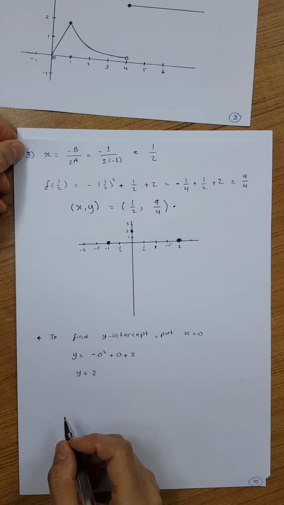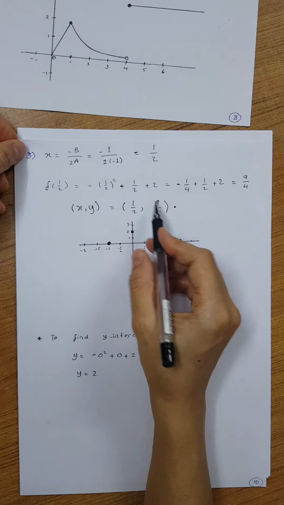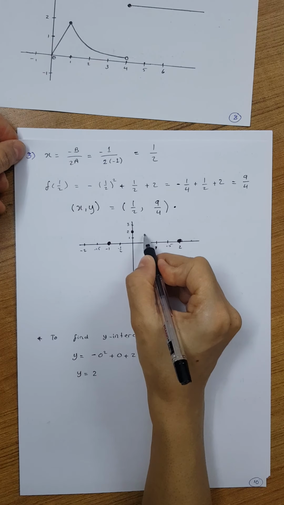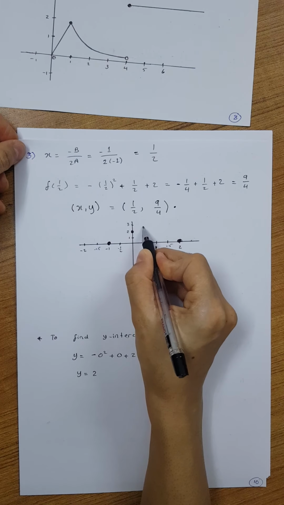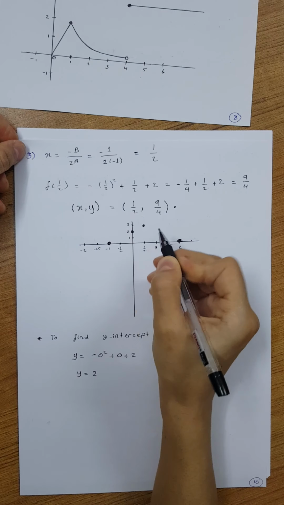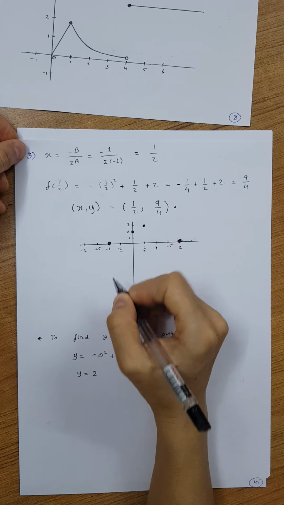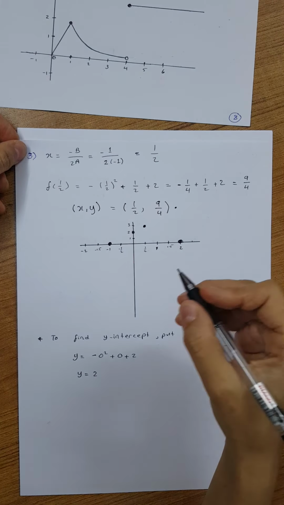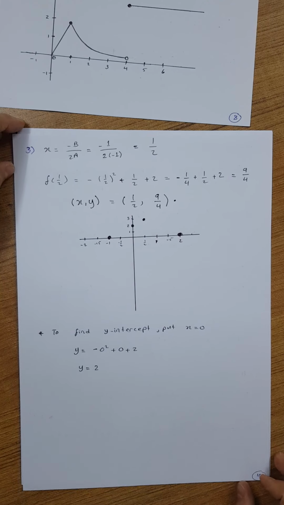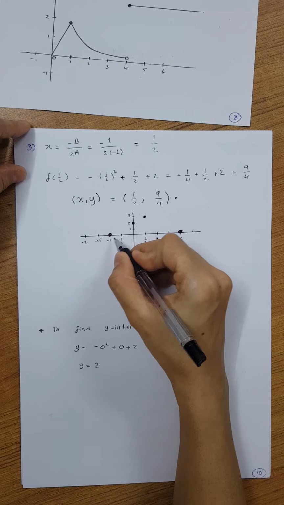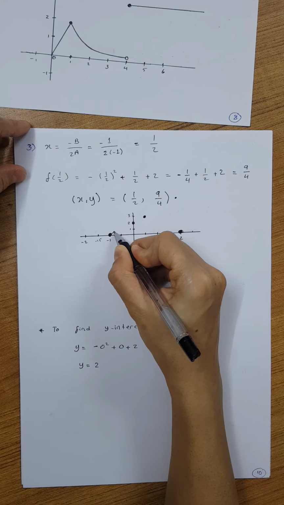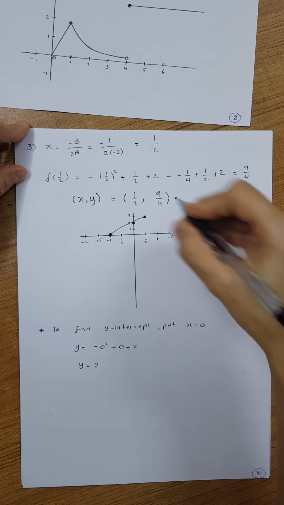We have to also put the vertex on the Cartesian coordinate. It is 1/2 and 9/4. 1/2 is here, 9/4 is nearly half, okay. So that is the vertex of the function, although the points are not so clear and nice, but that's the best I could do for you. Now connecting those points.